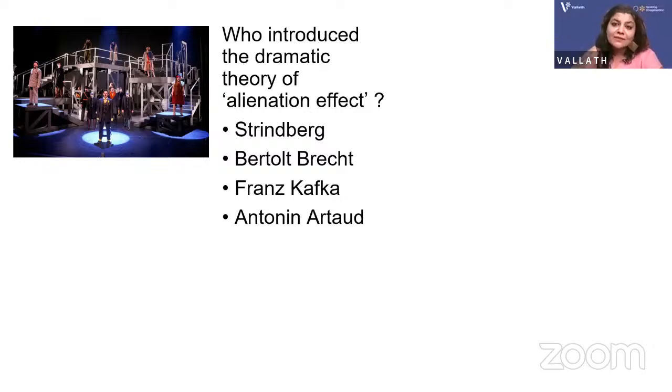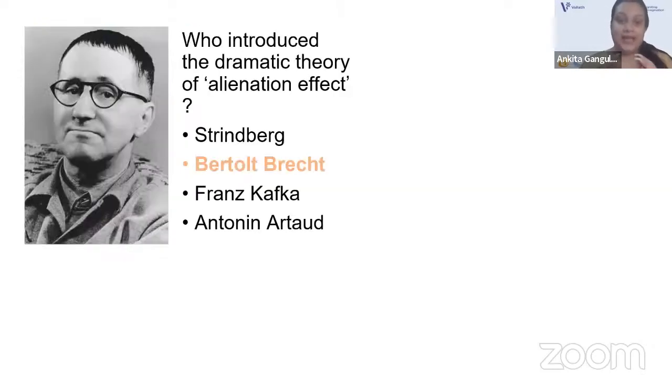So this alienation effect is a strategy which was employed by Bertolt Brecht in his dramatic works. It creates a critical distance between a particular dramatic piece and the audience, where the audience is reminded time and again not to identify with the characters or the drama itself, so that they can critically examine the work.